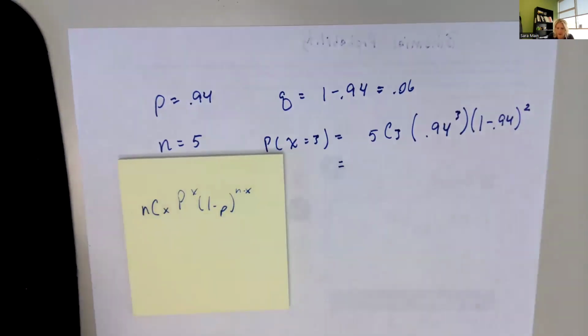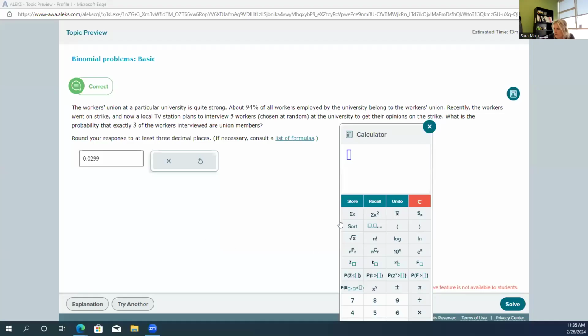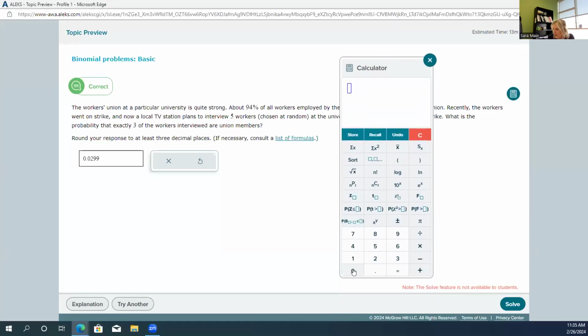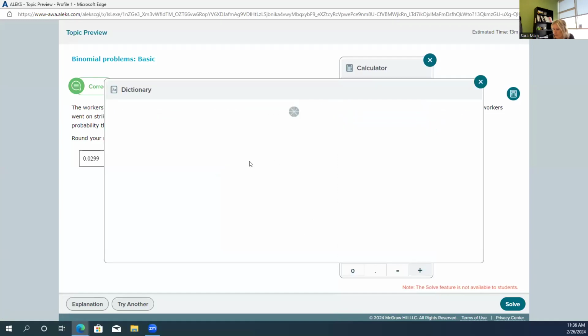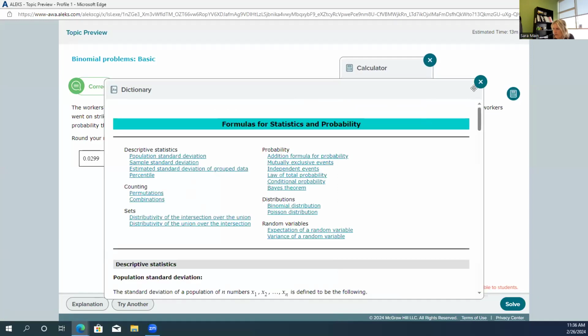These have to add up to be N. Now I'm going to share my screen so you can see what this looks like when we type it in ALEKS. Here's a list of formulas, by the way, if you want to access any of them.